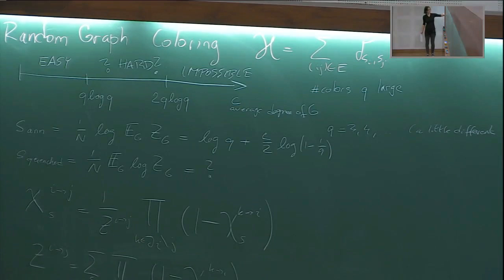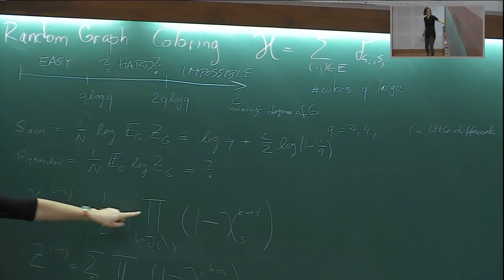If you condition on the color of I and this edge is not present, and you're doing this tree approximation where this branch is independent from this branch, then the probability that this node can be colored by S must be proportional to the product of probabilities that these guys are not colored by S, right?